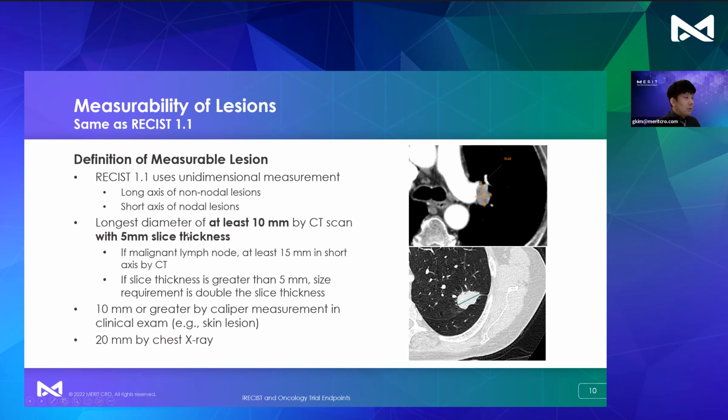The longest diameter of the lesion has to be at least 10 millimeters by a CT or MR scan with 5 millimeters or less slice thickness. And nodal lesions have to be at least 15 millimeters in short axis by CT. So these measurability requirements still stay the same.